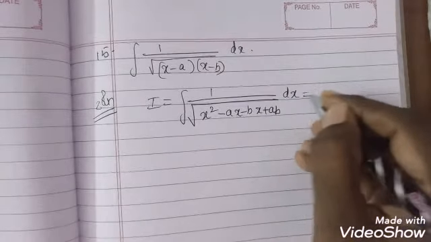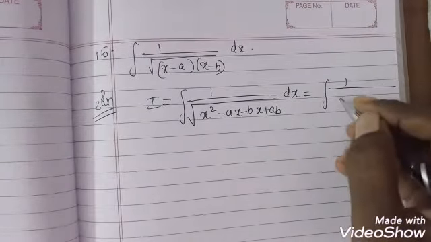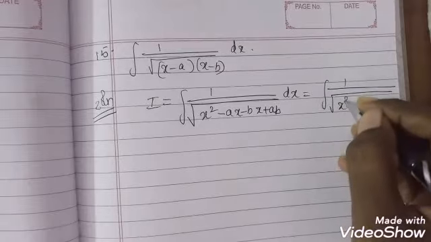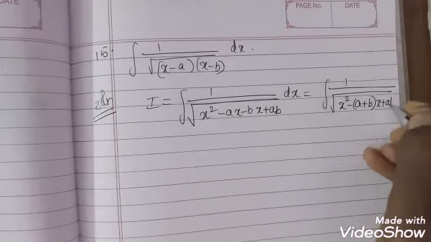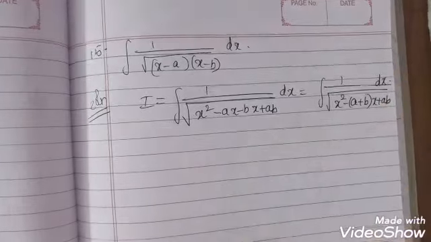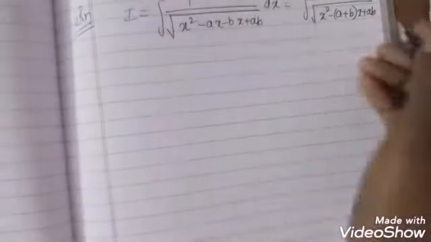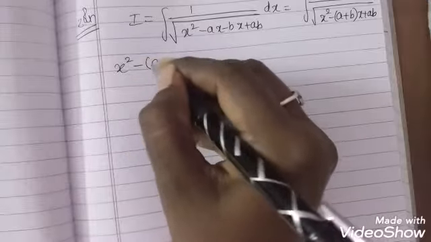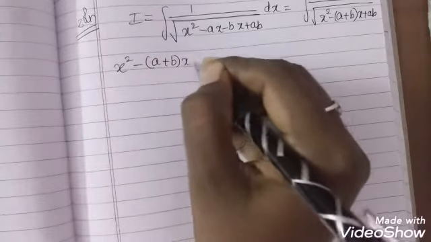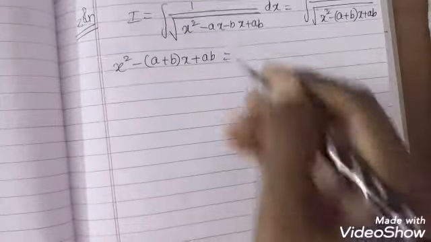So I can write this as 1 divided by square root of x squared minus of a plus b into x plus a into b dx. Here we'll see how we can simplify it. As I told you, we'll have to write it in the complete form. So it's x squared minus of a plus b into x plus ab is what you get here.